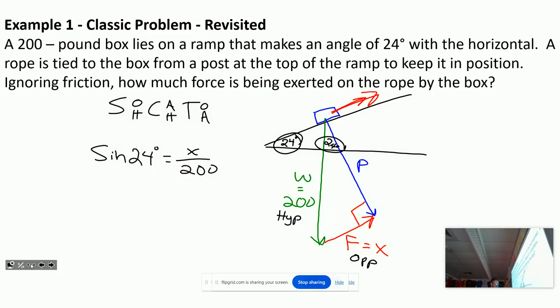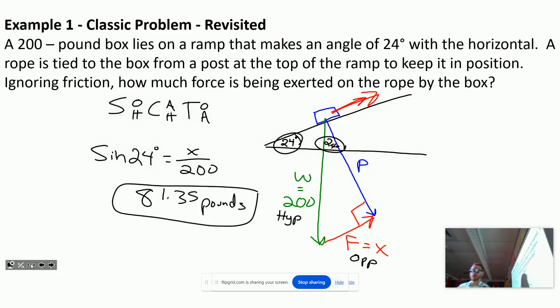I can then solve that out, and it would get me 81.35 pounds, I believe, is what we'll get there. 81.347, I'll call it 81.35.